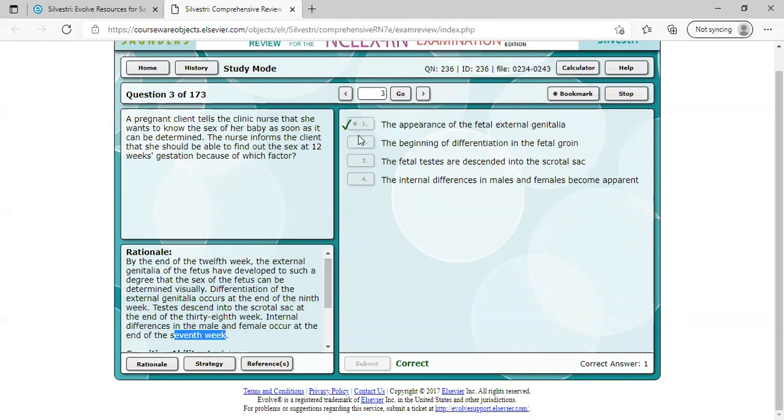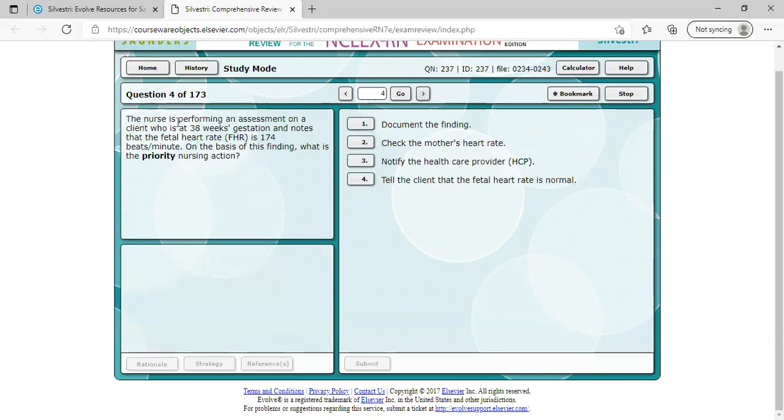The next question: the nurse is performing an assessment on a client who is at 38 weeks gestation, and notes that the fetal heart rate is 174 beats per minute.